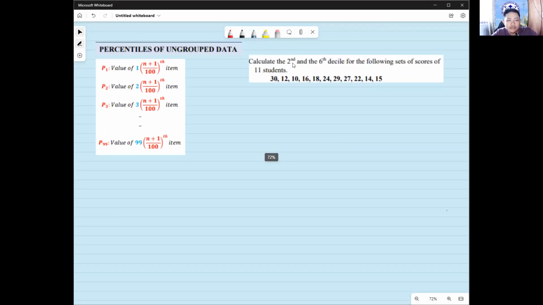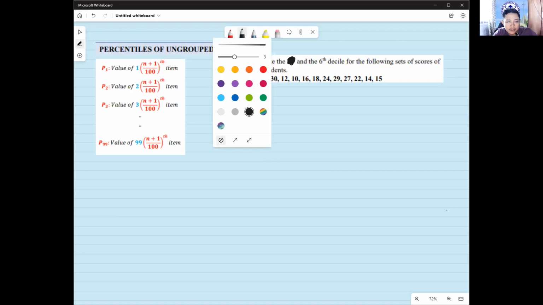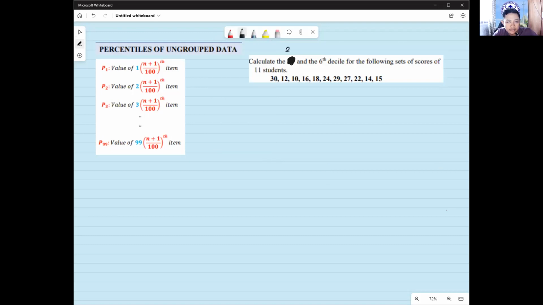I will now remove this. Calculate the 20th. This is just to check if we will get the same value. The 60th.